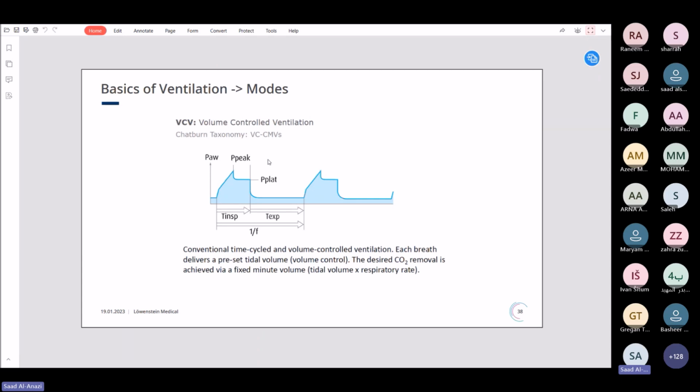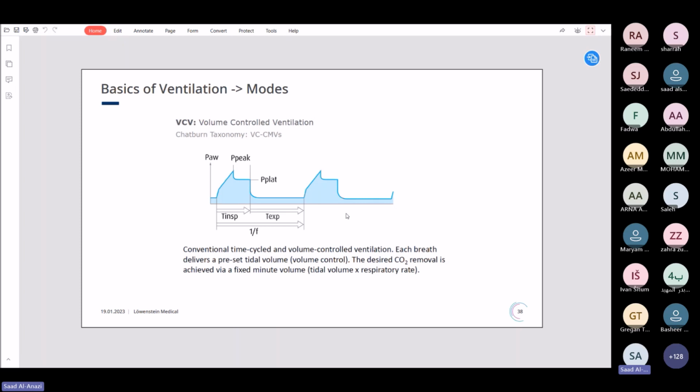It's the conventional time-cycled and volume control ventilation. That means you have to set the tidal volume, and the pressure will be the variable. You will have the fixed tidal volume and the pressure will be variable.